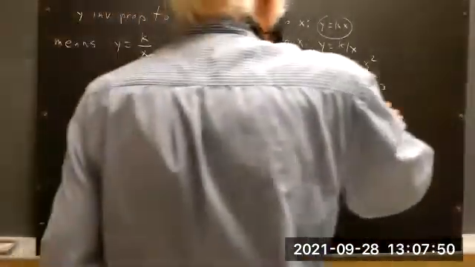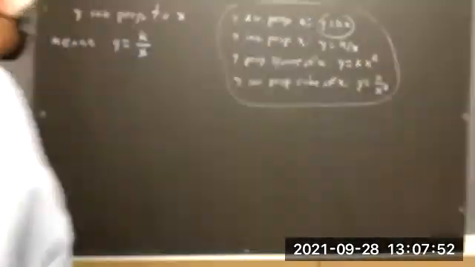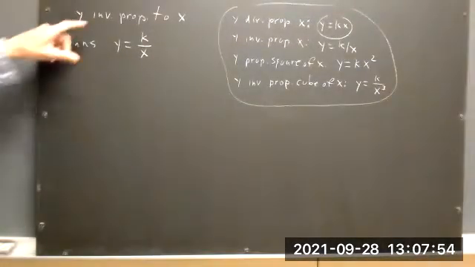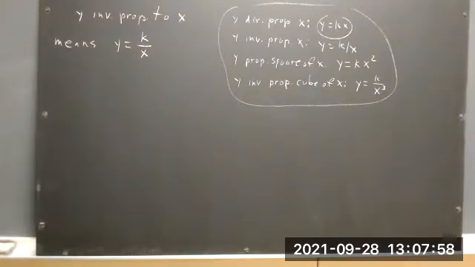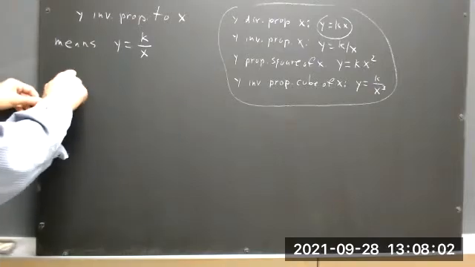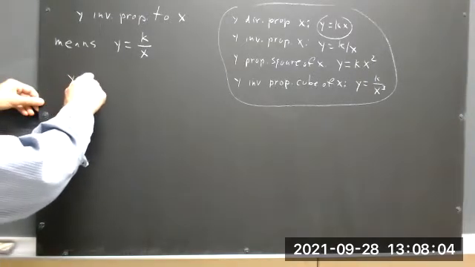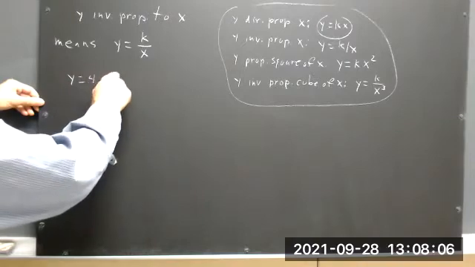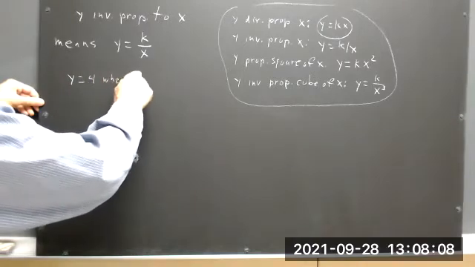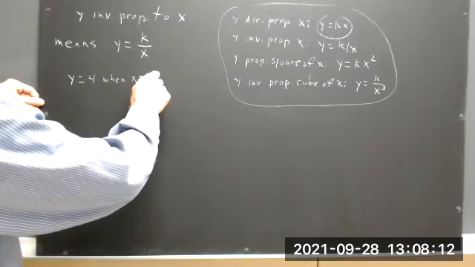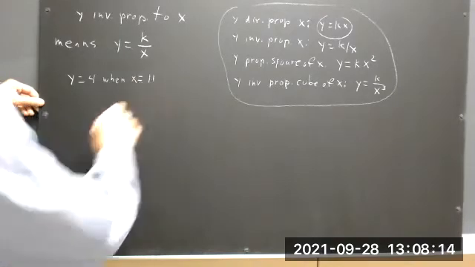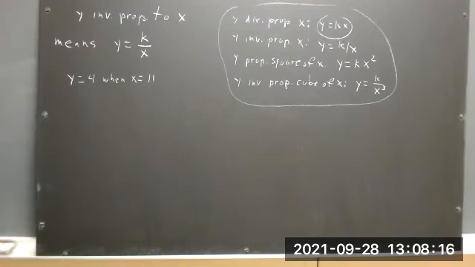And that's good. Okay. So anyway, y inversely proportional to x means y equals k over x. And then, in my case, y equals 4 when x equals 11.